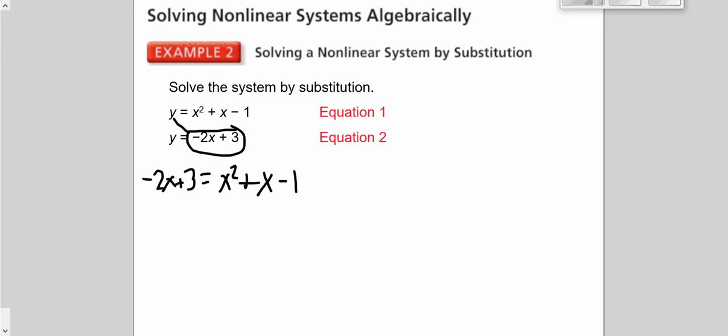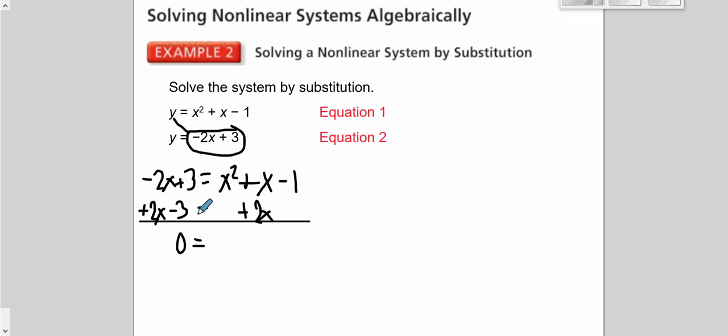Because it's quadratic, we want to get it into standard form. So we want 0 on one side, everything else on the other side. How do we cancel out a negative 2x? Yep, add 2x. And I'm going to do two things at once here. How do I cancel out a positive 3?